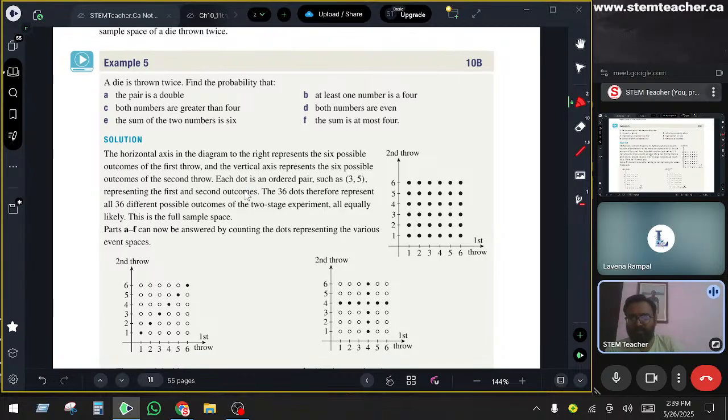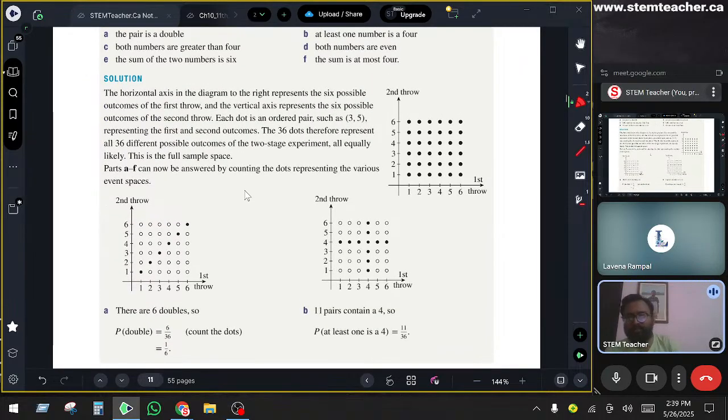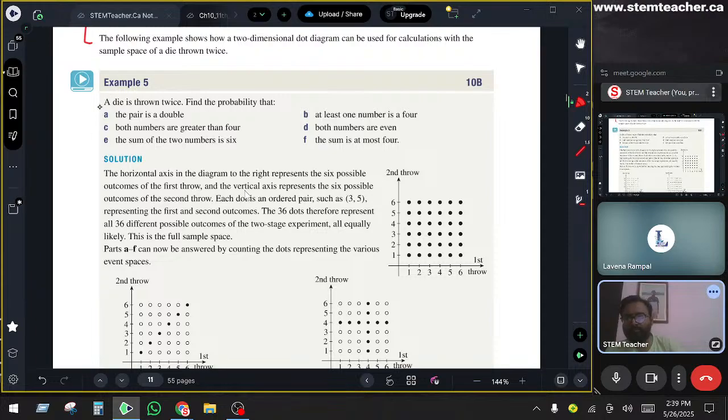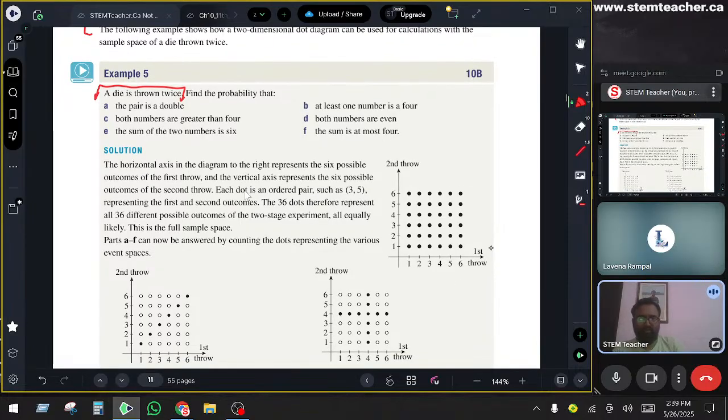If you see how many throws there are, two throws, so it is two-dimensional. When you throw once, you get one of 6 outcomes, and on the second throw you get one of 6 again. So it is throw 1 and throw 2.